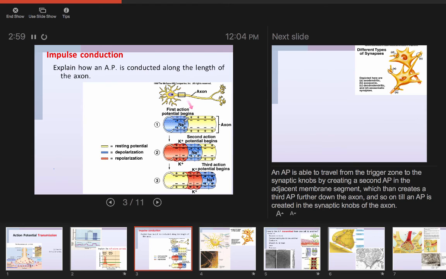We can see why that is, because here, the way the charges are lined up, we get this flow of current, and the flow of current through the piece of membrane that is at rest is going to open up voltage-gated sodium channels, creating an action potential here. That'll create a third action potential a little bit further down the axon, which will create a fourth further down the axon, and so on until we get all the way down here to the synaptic knobs at the very end of the telodendria.